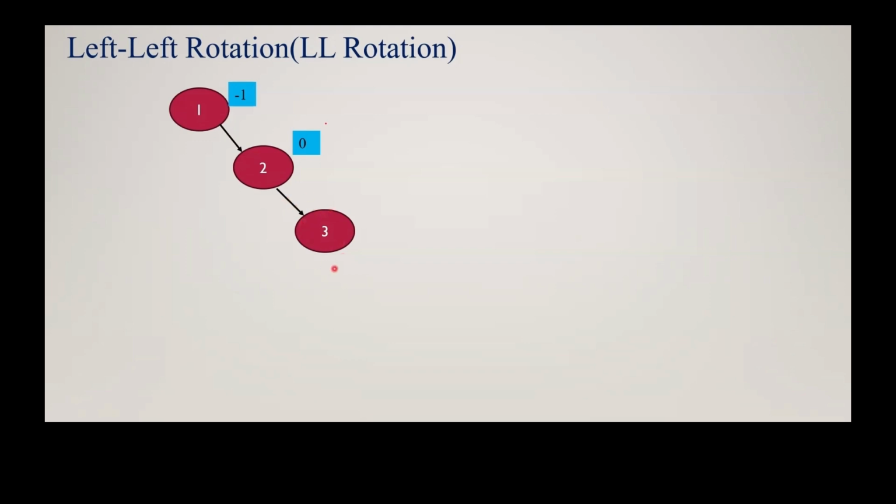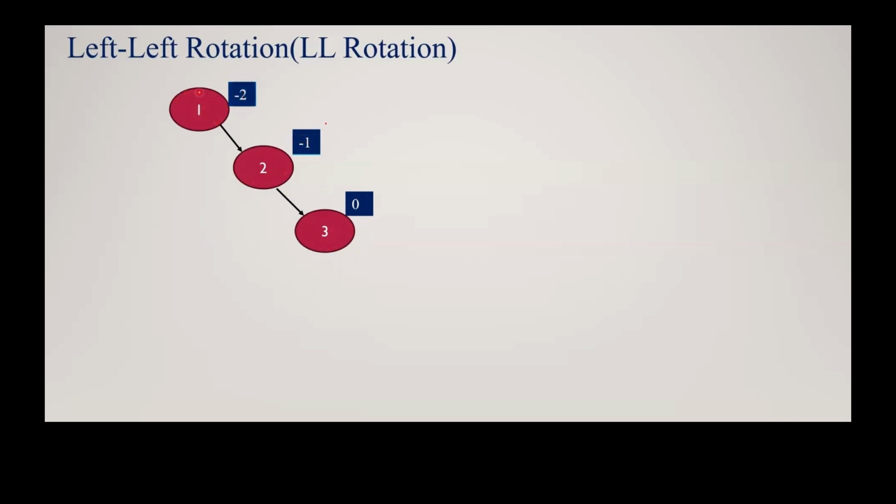So now the node 3 is inserted, and we have to check. The root node is 1, then 2, then 3. 3 is a leaf node, so its balancing factor is 0. Now we calculate for 2: there is no left subtree, so 0 minus 1, which is -1.